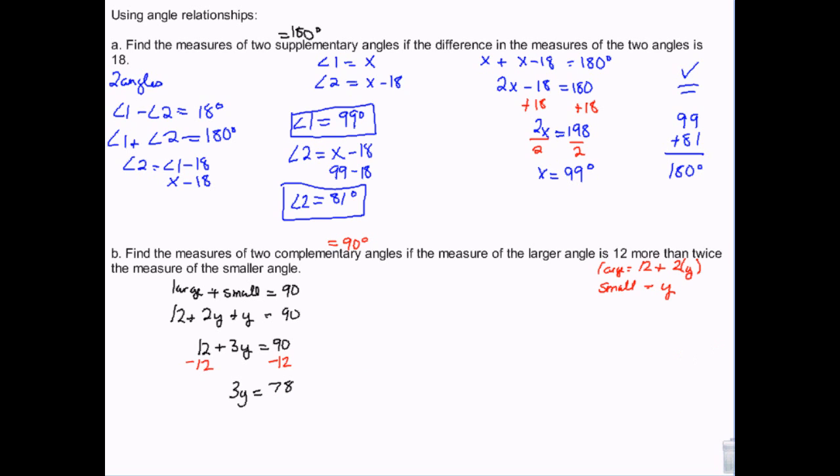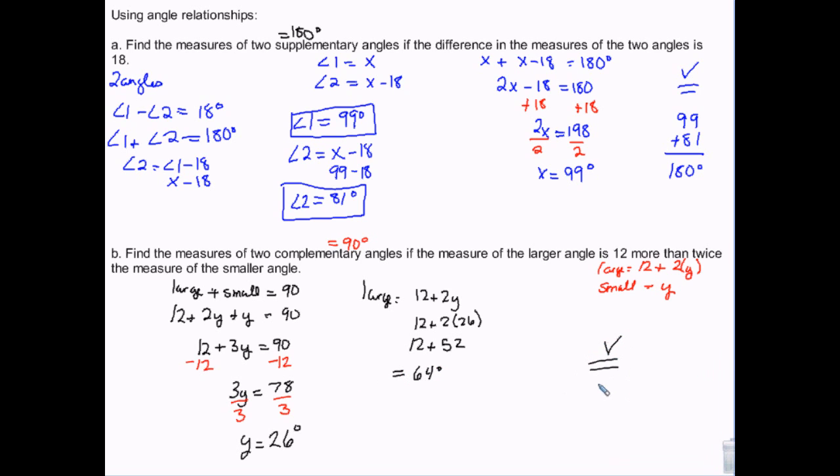Get 78. Divide by 3. And y is going to be 26. That's the small one. And then the large one is going to be 12 plus 2y, so that's 12 plus 2 times 26. So 12 plus 52, so 64 degrees.